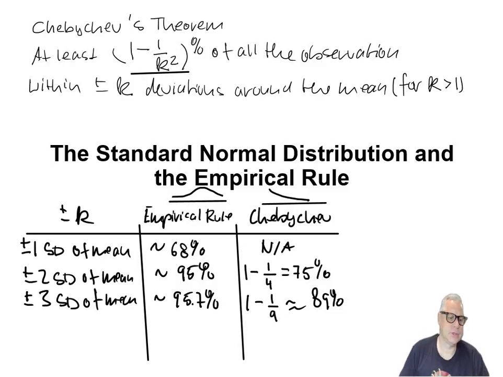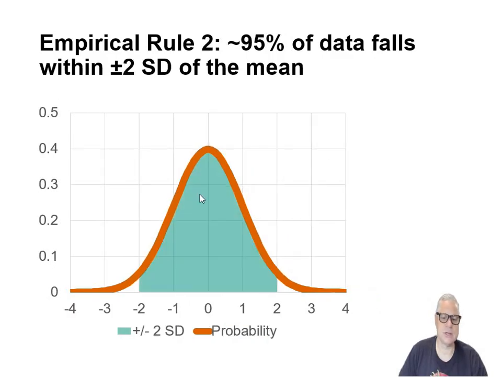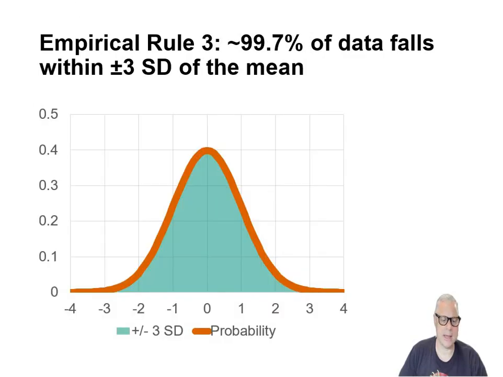Okay, so that's just a note on the side that there is also the empirical rule, but also an alternative which is a little bit more robust, especially when we can be sure that we are dealing with a normal distribution. And then again, the empirical rule says within 1 standard deviation of the mean 68%, within 2 95%, and within 3 99.7%.